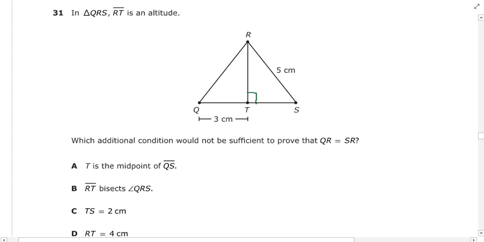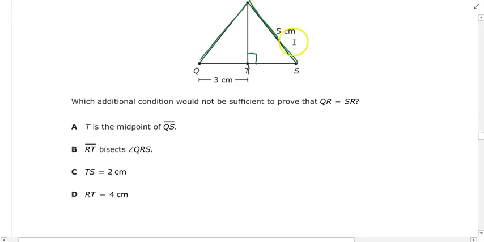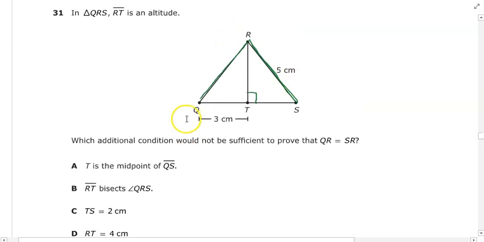Which additional condition would not be sufficient to prove that QR is equal to SR? So, not sufficient to prove that these two pieces, QR and SR, are equal. Okay, so T is the midpoint of QS.